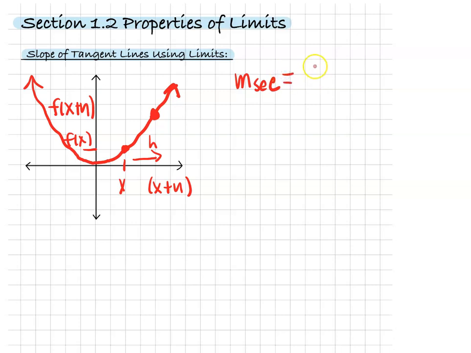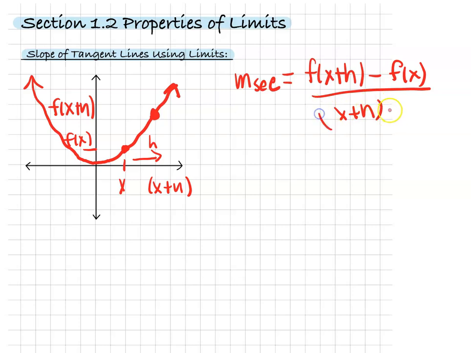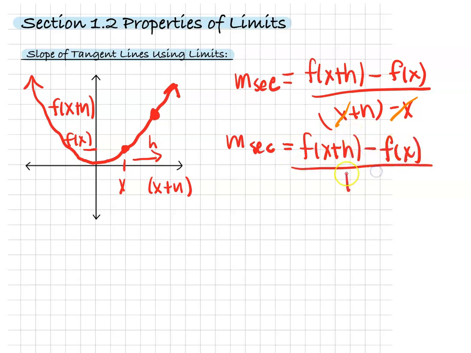If I take the slope of that secant, we talked about how that's f of x plus h minus f of x all over x plus h minus x. Then if I simplify that, my x's are going to cancel. So the slope of that secant would be equal to f of x plus h minus f of x all over h.